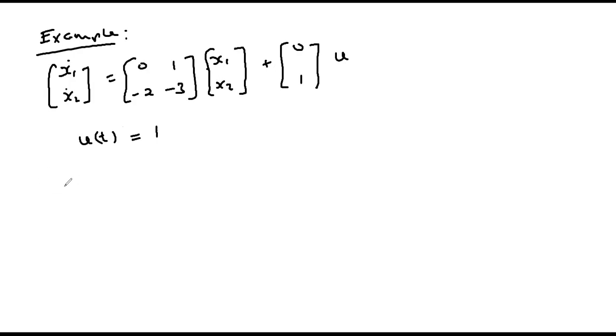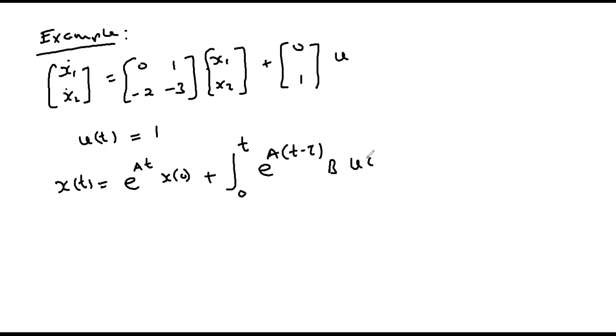The solution of the state equation, x of t, is given by exponential At x of 0 plus the integral from 0 to t of exponential A into t minus tau B u of tau d tau. First, we need to determine the state transition matrix. We determine the state transition matrix exponential At, which is the inverse Laplace transform of (sI minus A) inverse.